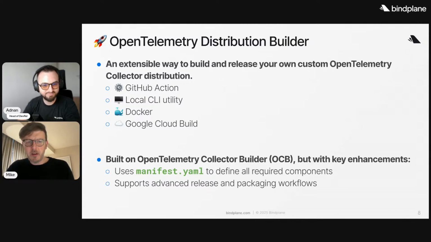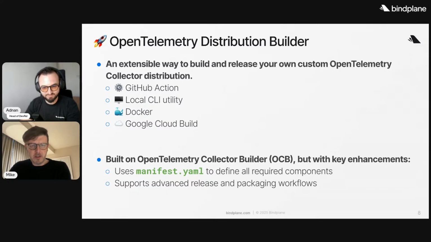And so with this, we have a GitHub action, right? So you can just add the OpenTelemetry distribution builder to a repo, add a manifest, and then you have a distro. You just create a release, and that's going to create the binaries and the packages that you need, and then keep them versioned.